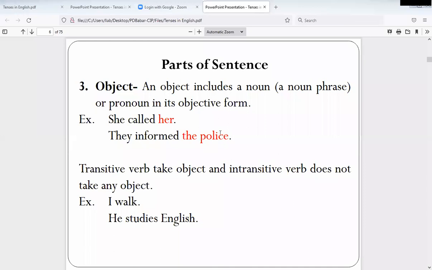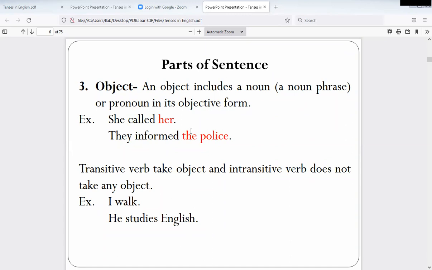And when we use this in combination, "the police," then it becomes the noun phrase. Police is the noun, and it is also called the prominent noun.